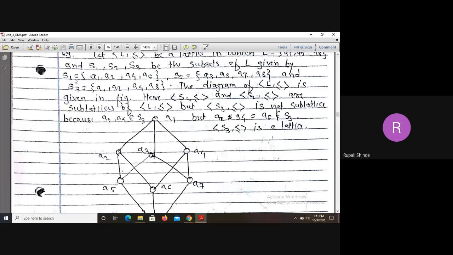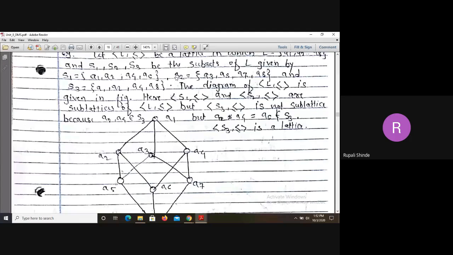So we can say that S1 is closed under star and XOR operation. That's why S1 is a sublattice of the given lattice. Are you getting it now? Yes, ma'am. Okay.